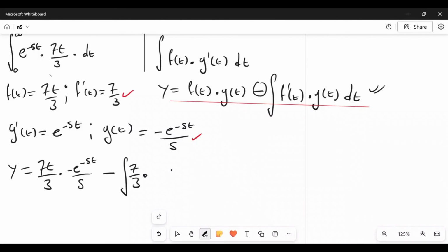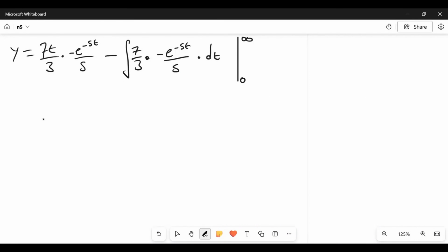So it's going to be multiplied by negative e to the power of negative st over s. Let's not forget dt, because here we are still integrating. So you can do this to show that you are still having the limits: the upper limit is infinity and the lower limit is 0. So let's create space, guys, so that we can solve this problem. Here's our space.